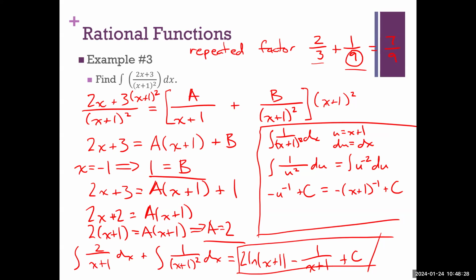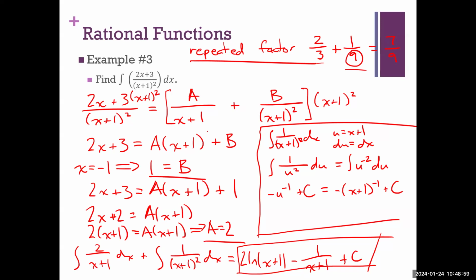So, questions here. I really want to focus on the special case of this now. We had a repeated factor in this case. Basically, the denominator we started with had 2 factors, and they happen to be the exact same factor. So just to generalize this, we had A over x plus 1, B over x plus 1 squared.